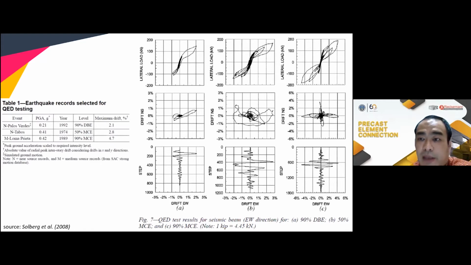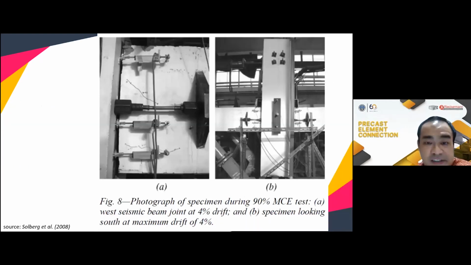As we can see, for the 90% of maximum considered earthquake, the specimen has self-centering behavior with very little residual deformation. Here is the picture of the specimens after the testing at 4% drift.